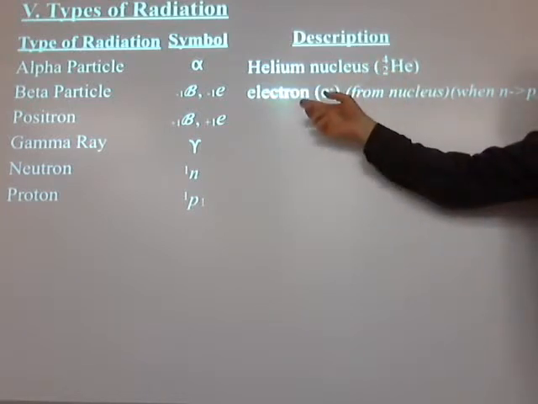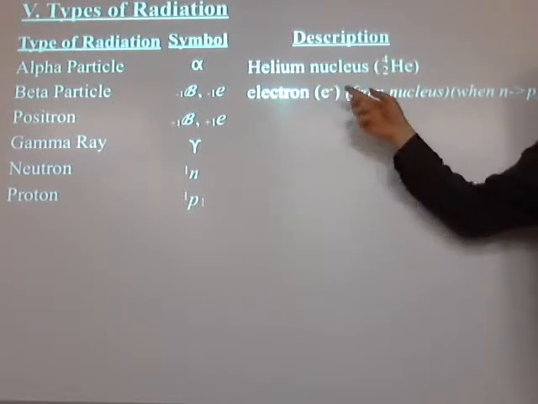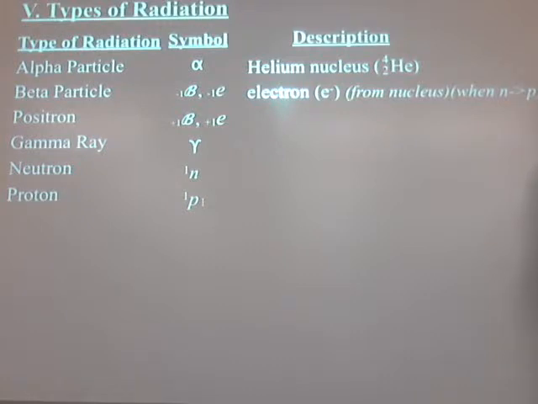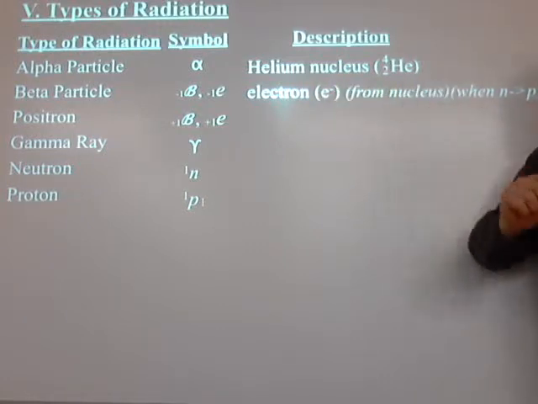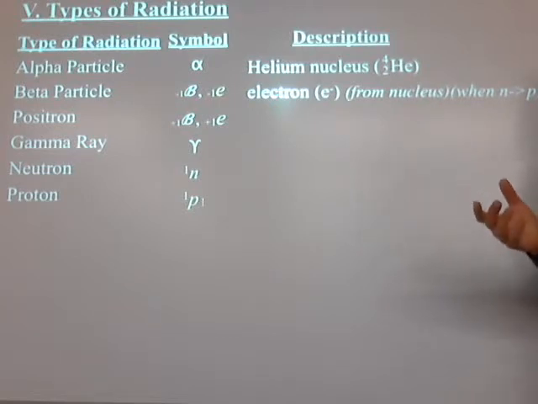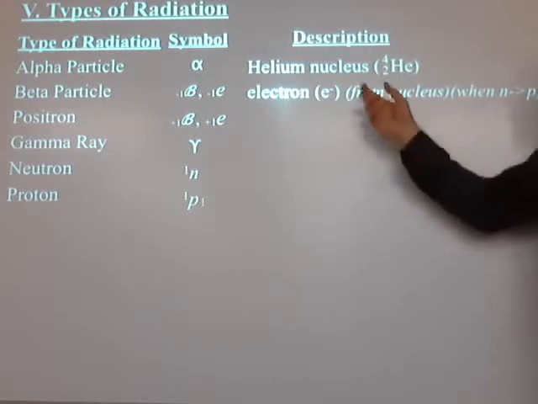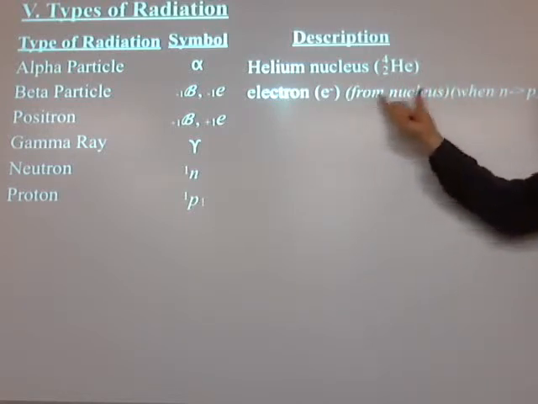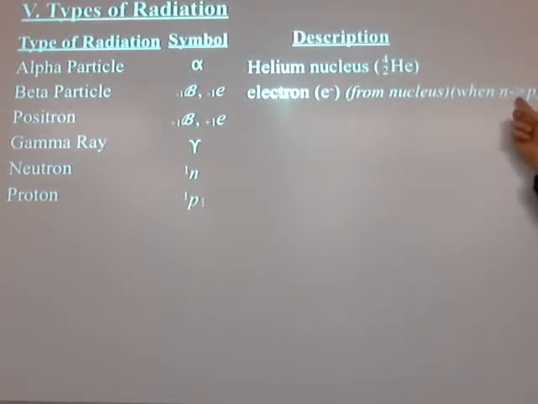A beta particle is an electron. You say, oh wow, electrons? I didn't know they were radioactive. Electrons ejected from the nucleus. Why, the nucleus doesn't have electrons in it, there are protons and neutrons in there. Yeah, actually there are. Those electrons are given off when you convert, and you should write this part down, when a neutron is converted into a proton.